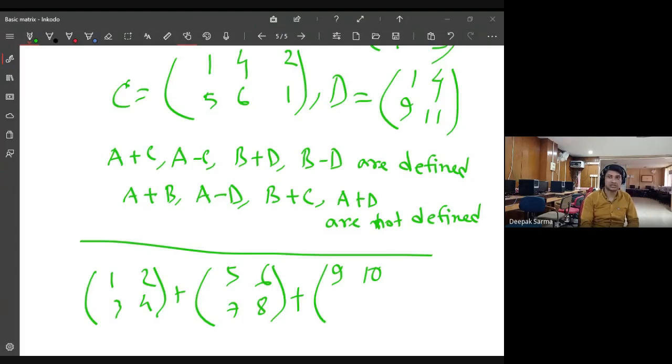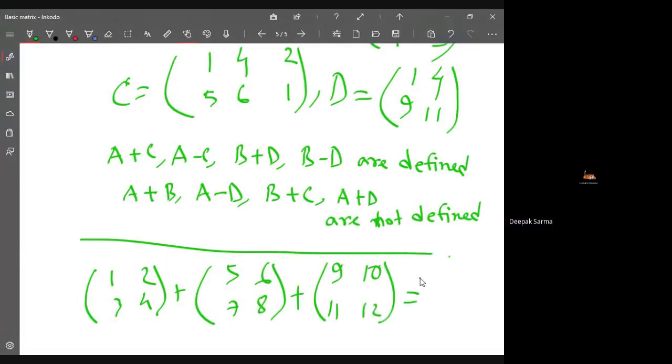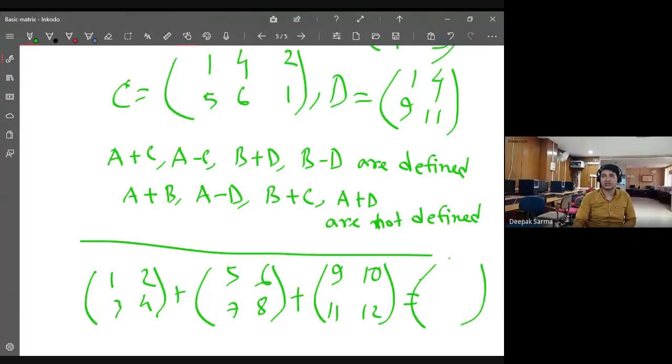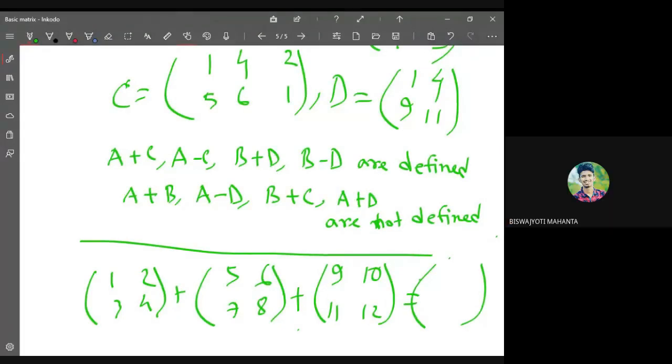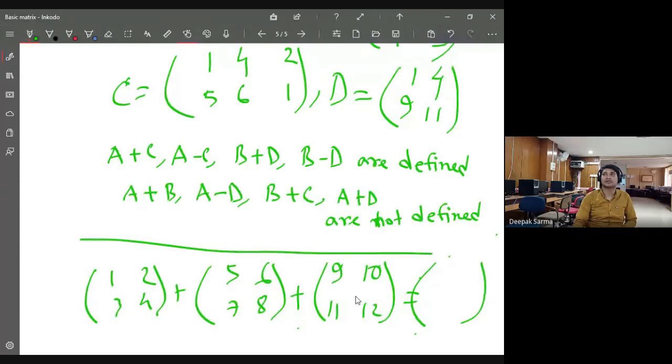I think you can see 12 here. So similarly, you can find the addition of these 3 matrices. You know how to find them. If they are of the same order, then add them, subtract them. Hope all of you can calculate it yourself.